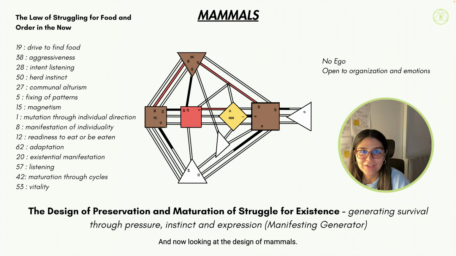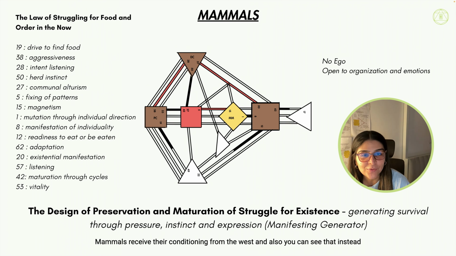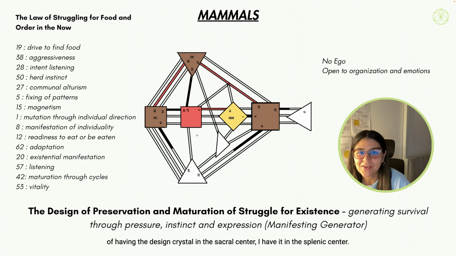And now looking at the design of mammals, mammals receive their conditioning from the West. And also you can see that instead of having the design crystal in the sacral center, it is in the splenic center.